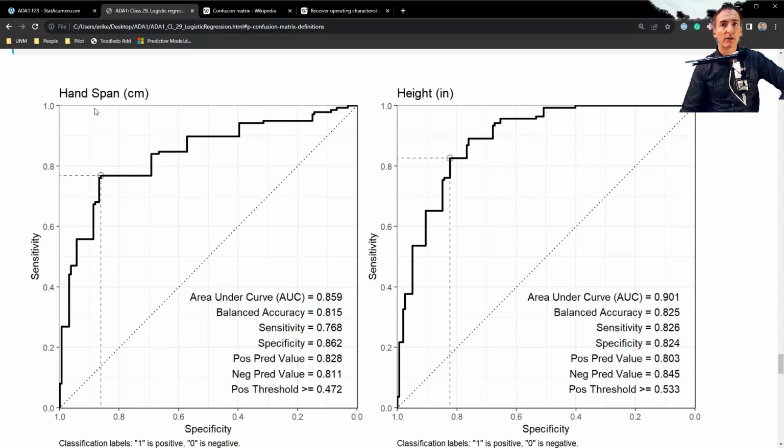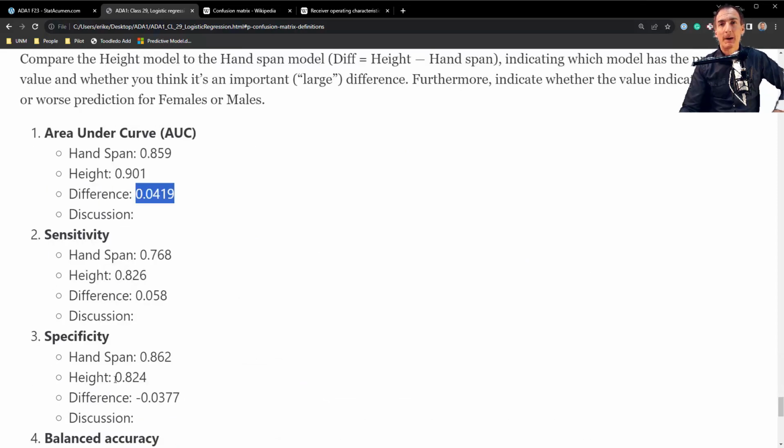So the maximum area is 1 squared unit. That's the best you can do. This neutral diagonal is 1/2, so that's the lowest you'd want to go for an area under the curve. There are prediction models that do worse than that, where you get a concave up type shape for your plot, and your model's done terribly. Fit a different model. Anyway, both of ours are pretty large, and the difference is not that big.